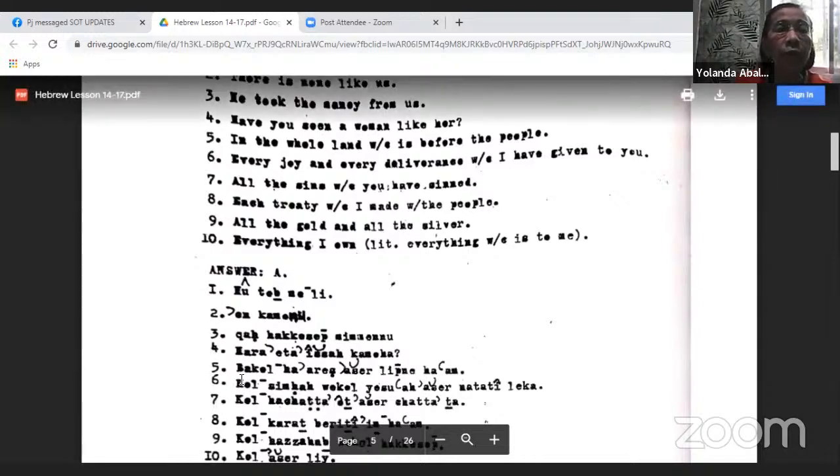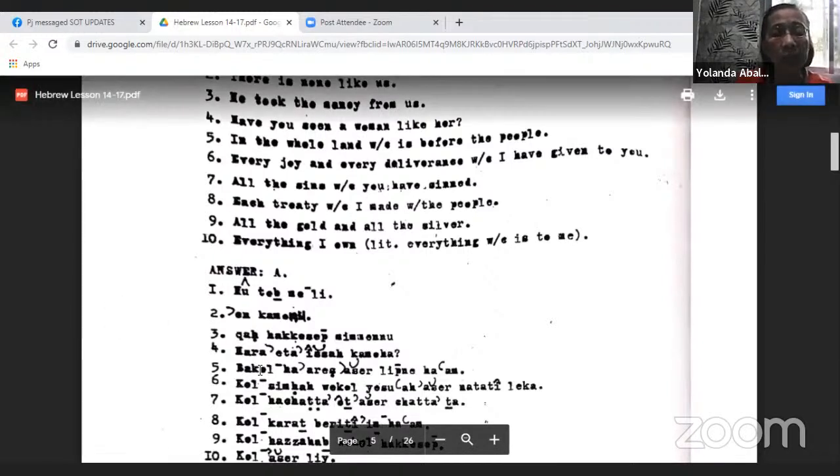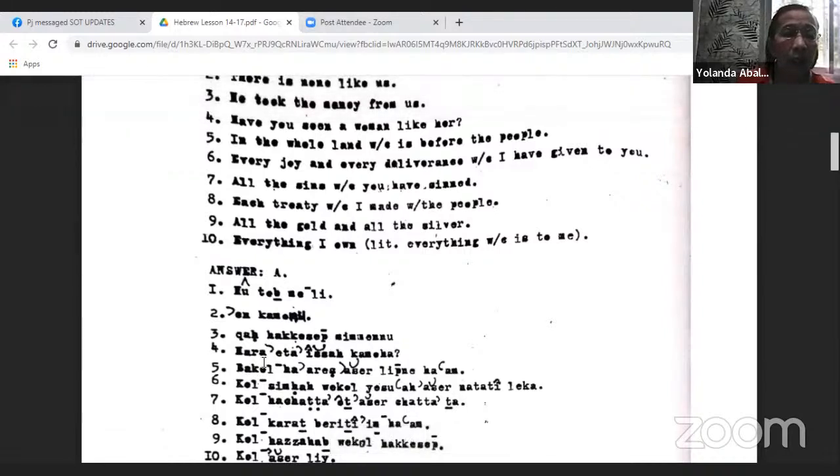Then number 4, have you seen a woman like her? Oh, ano yan sabi niya? Hara ita isya kamuha? Have you seen a woman like her?